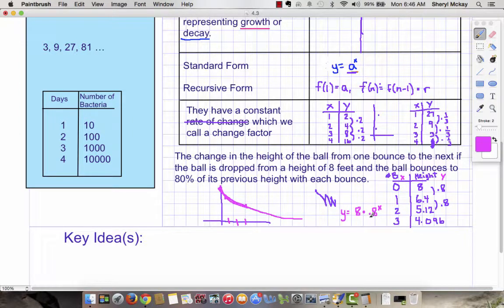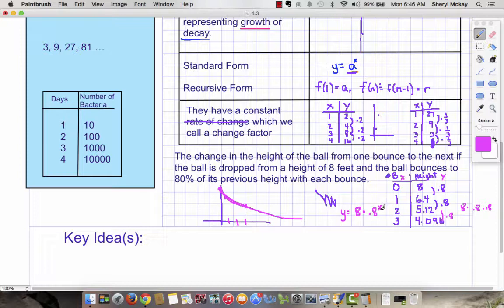So I always have to have my starting point, but my 0.8 is my change factor, okay? My 0.8 is my change factor. It's what I'm multiplying by itself. Notice here, each time I multiplied by 0.8. So to get to term 2, to get to the second bounce, I took 8 and I multiplied it times 0.8 2 times, right? 1 time, 2 times to get to 5.12.